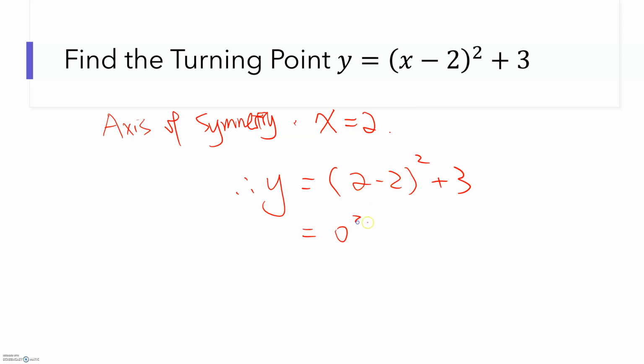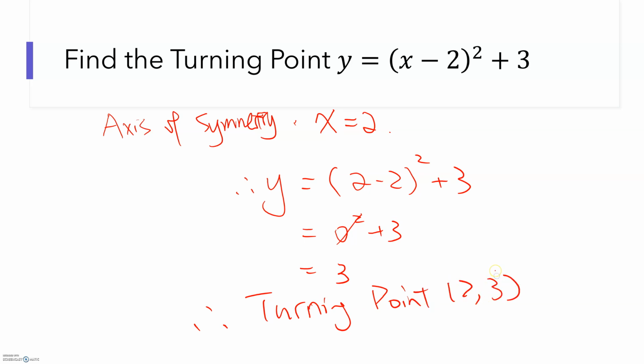So that will be 0 squared plus 3, which is just 3. Therefore, the turning point will be (2, 3). So we have the x value equal to 2 and the y value equal to 3.